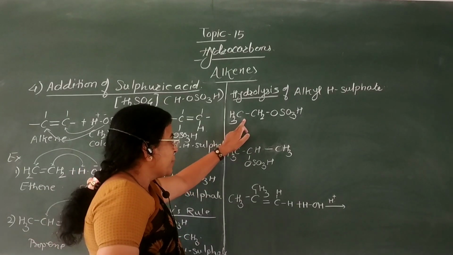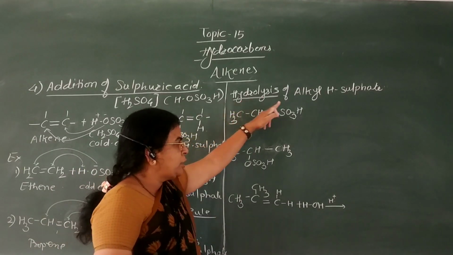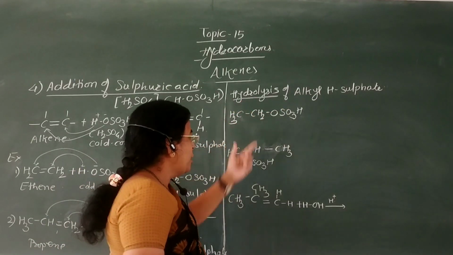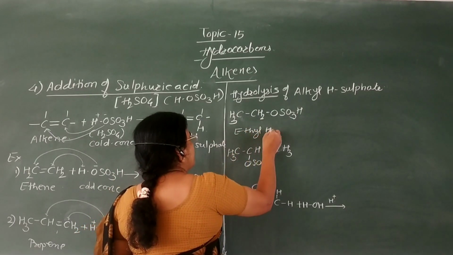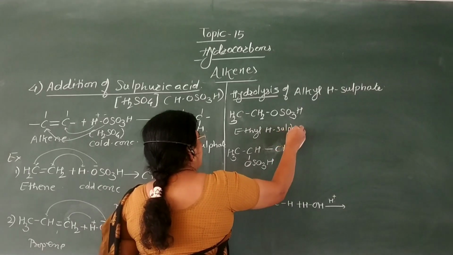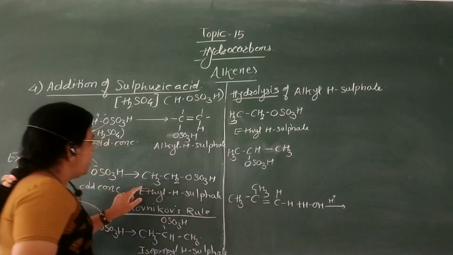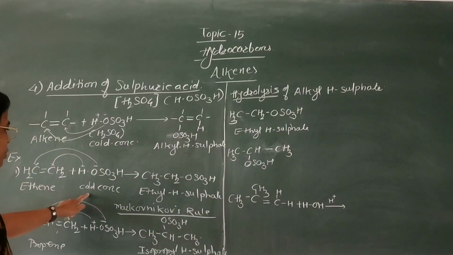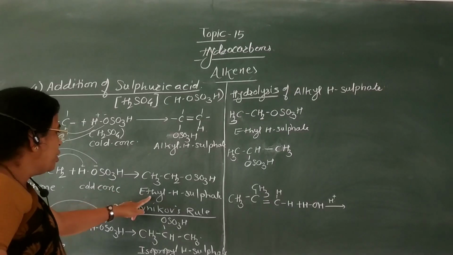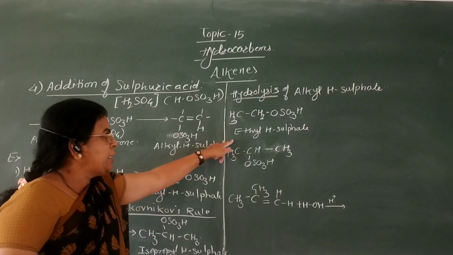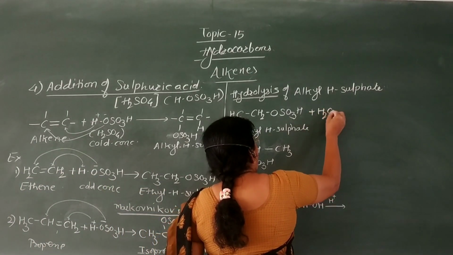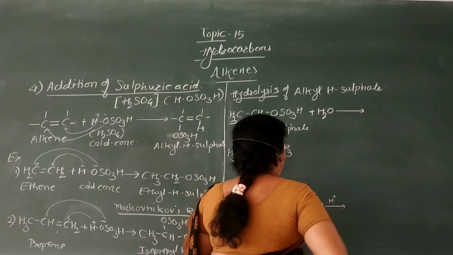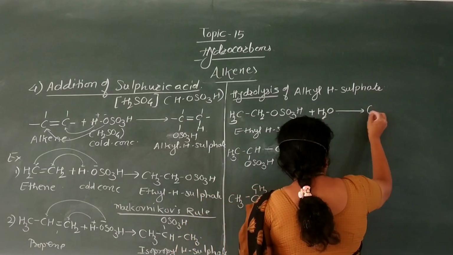Now look here, this is hydrolysis of alkyl hydrogen sulfate. Now this is ethyl hydrogen sulfate. That is, when ethene is treated with cold and concentrated H2SO4 it gives ethyl hydrogen sulfate. When addition of H2O is carried out in this ethyl hydrogen sulfate, then formation of alcohol takes place.